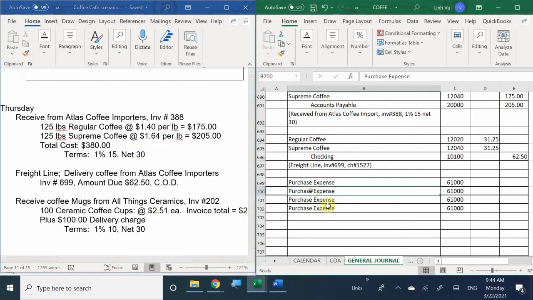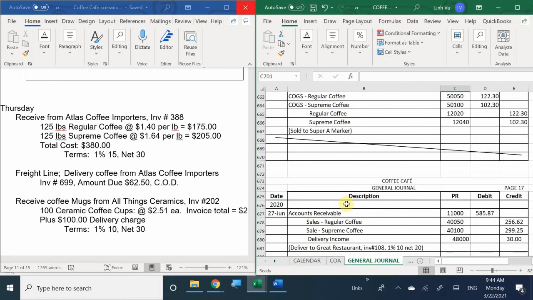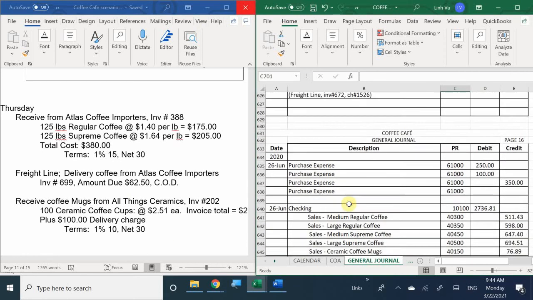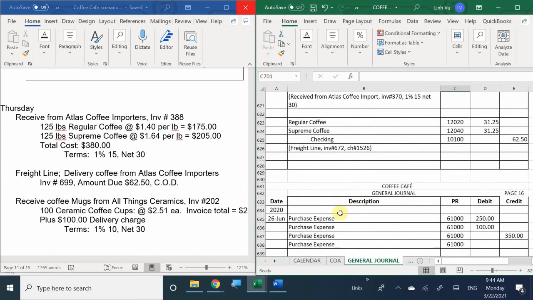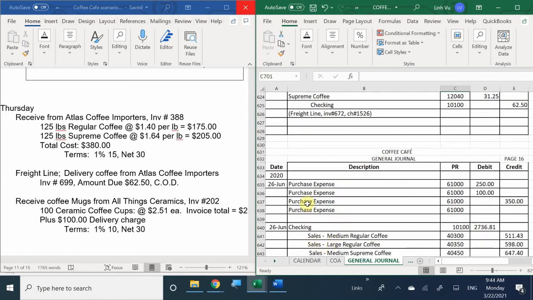So purchase expense. I gotta clear this one, clear this one, clear this one. So something went wrong when I was copying all my stuff, so I'm going to go back and find it again. Oh, whoa.